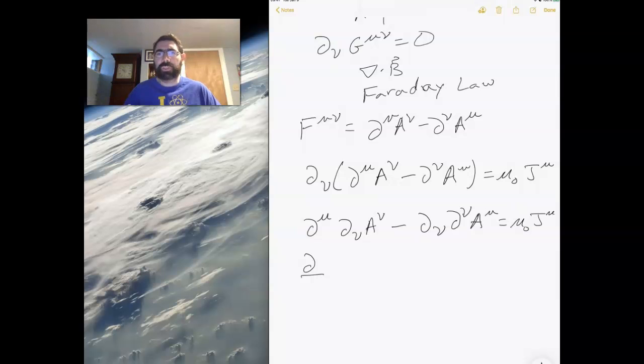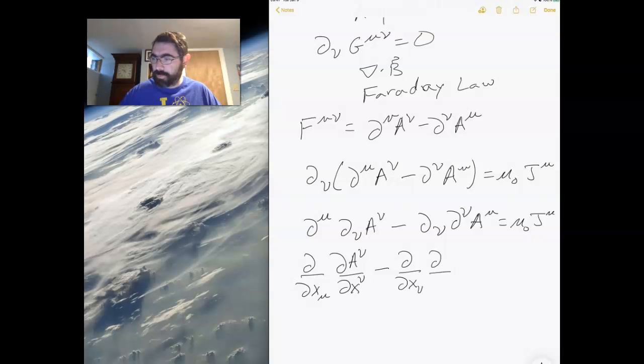Since this first derivative has a raised index, that means it has a lowered index. And in this case, it would be 2 raised indices, minus, like so, operating on that. So that's what that would look like.